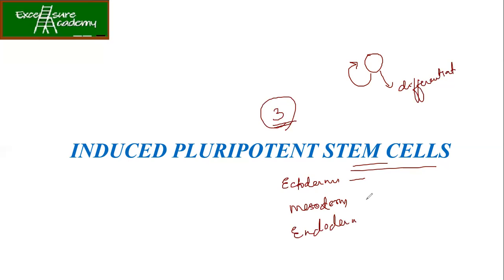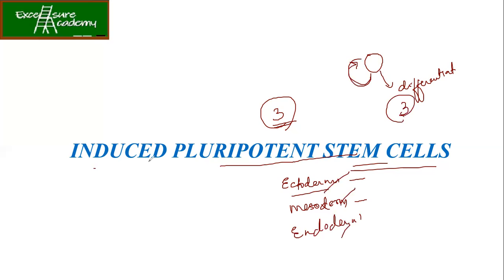Mesoderm is forming the gastrointestinal and the respiratory tracts, right? Sorry, that is your endoderm. Endoderm is forming your gastrointestinal and the respiratory tracts. It will also form your endocrine glands, right? Whereas in the case of the ecto, it is the outer. So these pluripotent stem cells will self-renew and give rise to these three groups of ectoderm, mesoderm, and endoderm.